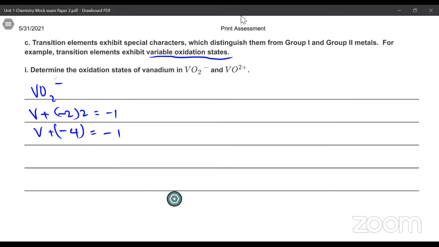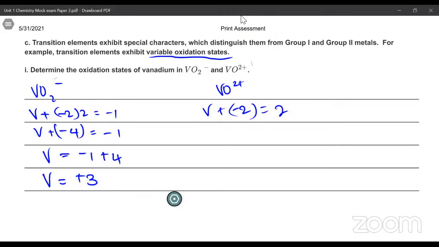Bring over this -4 to the other side of the equation. So V is going to be equal to -1 plus 4. Thus, vanadium is equal to +3 in here. Now, for the VO2 plus, you want to do the same thing, write an algebraic expression. And thus you'll have V plus -2 for the oxygen, but there's only one, so we cool with that.